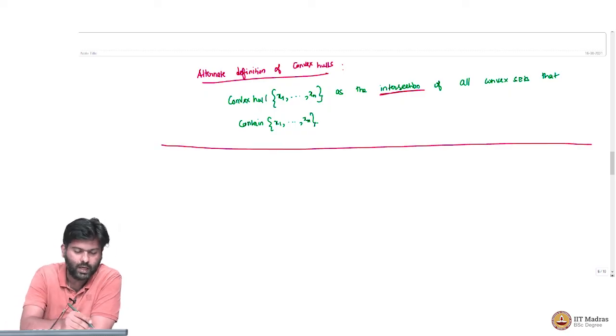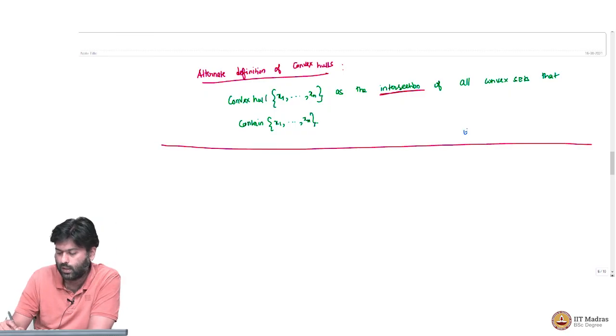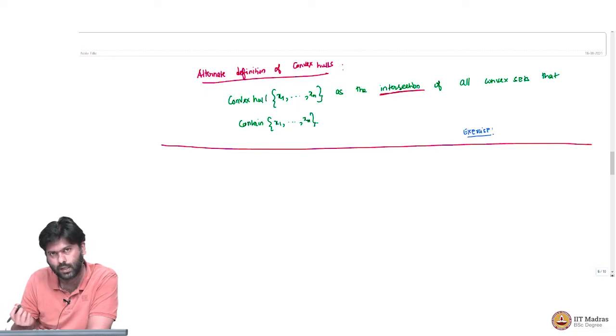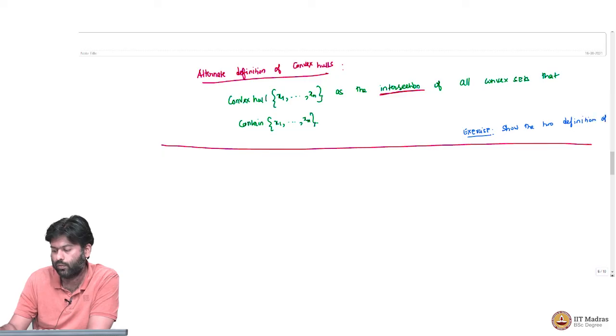Now it is again an exercise, maybe slightly harder than the previous exercise we have been seeing. So show the two definitions of convex hulls are equivalent.